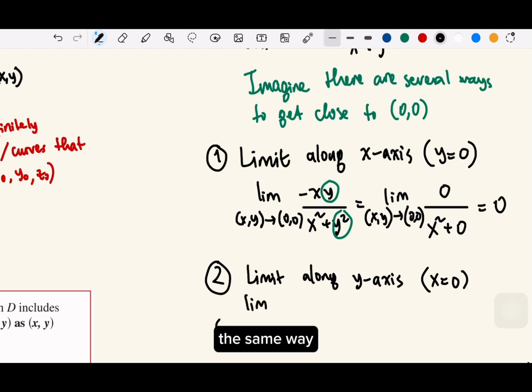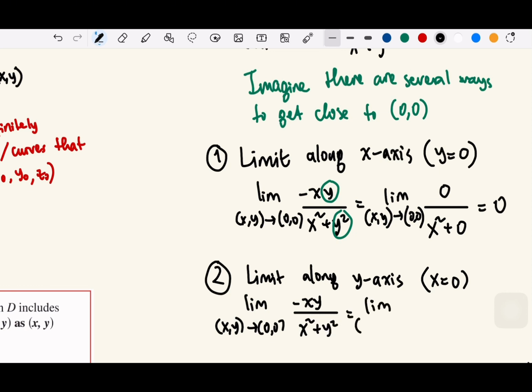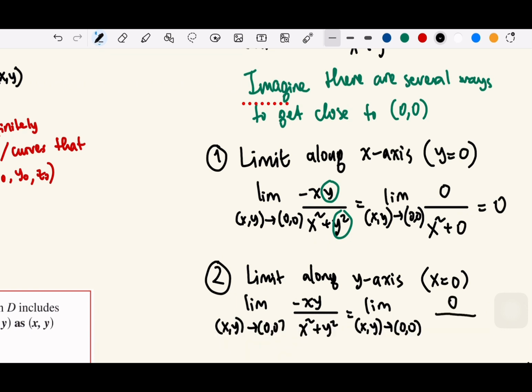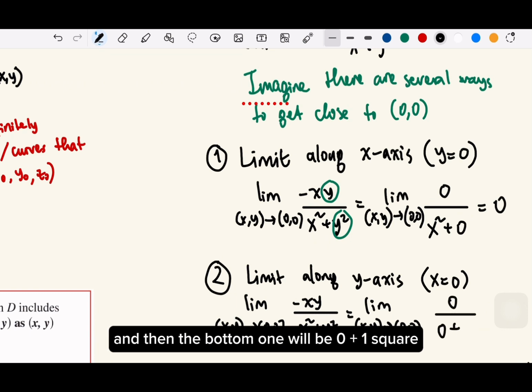The same way, now x equals 0, so the top will be 0 and then the bottom one will be 0 plus y squared.